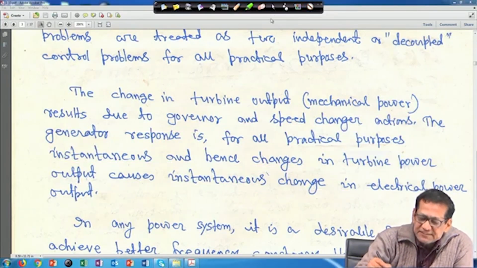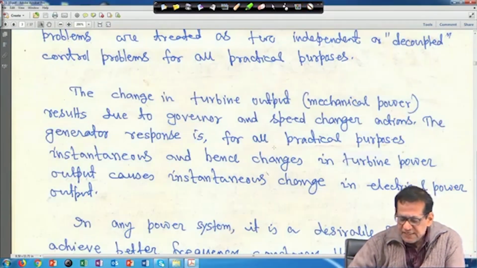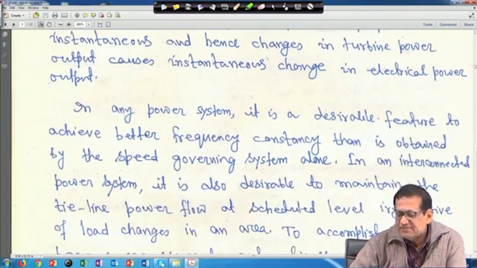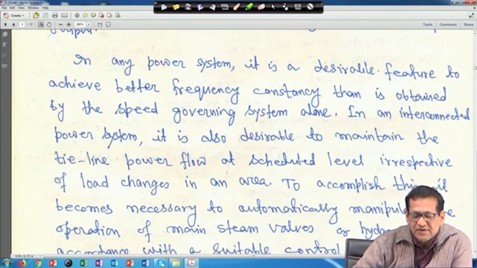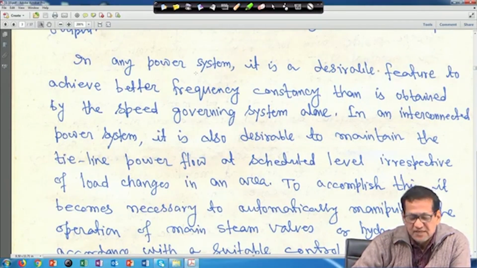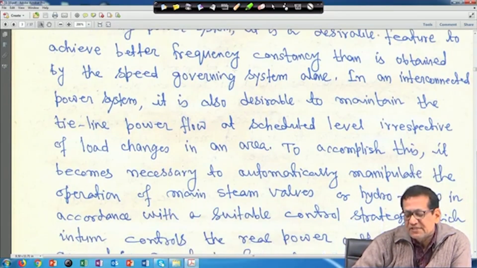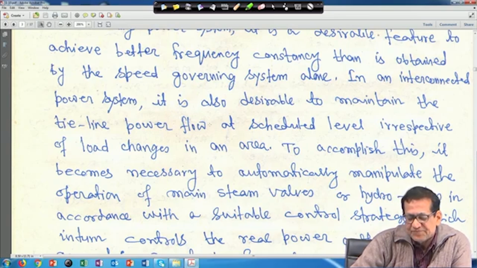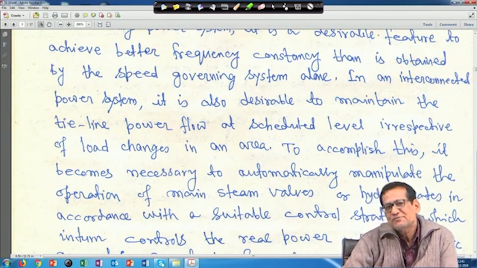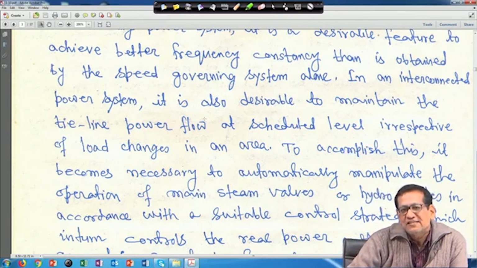So, we will move next. In any power system, it is a desirable feature to achieve better frequency constancy than is obtained by the speed governing system alone. In an interconnected power system, it is also desirable to maintain the tie line power flow at schedule level irrespective of load changes in an area. That means two power systems are interconnected by a three phase line, which we call a tie line.